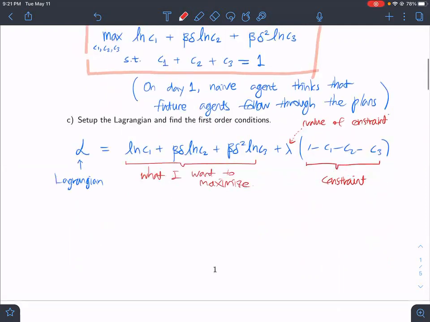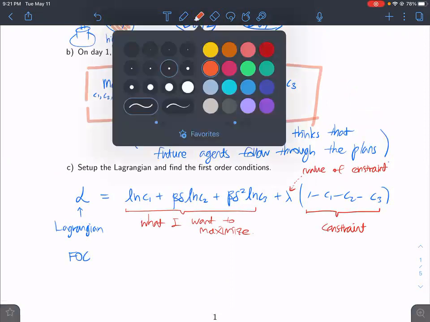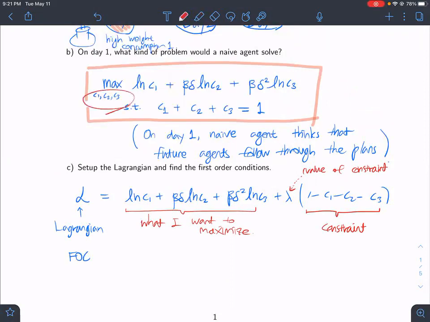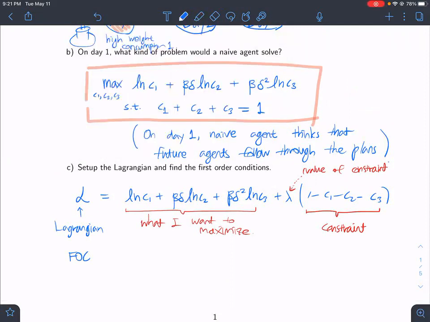The first order conditions, let me call it FOC. Because we have three things to control, C1, C2, and C3, I should be differentiating with three variables.